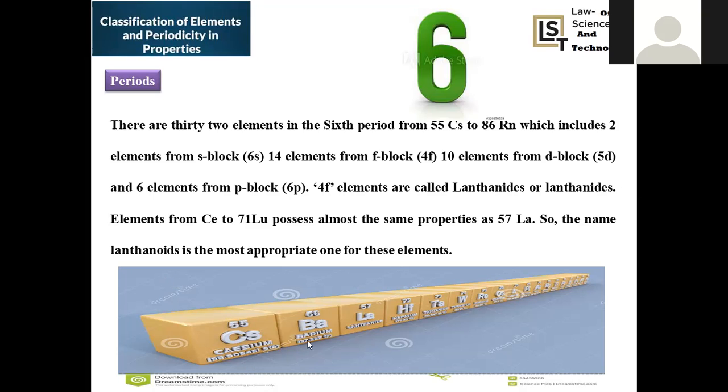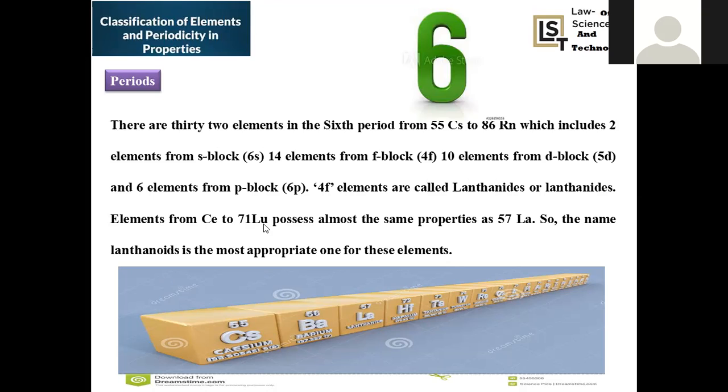So here cesium, barium, these two elements belong to S block, followed by lanthanum, hafnium, tantalum, tungsten, rhenium, osmium, iridium, platinum, aurum, and mercury. These elements are the part of D block. 10 D block elements will be there.